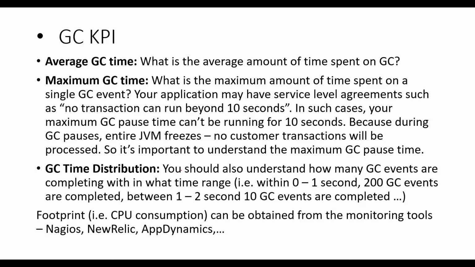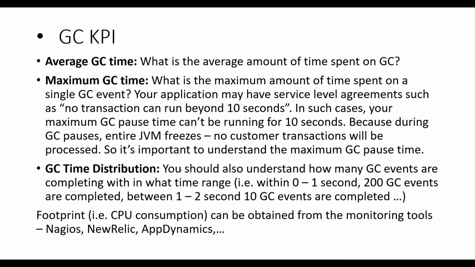For the business and the JVM, it is necessary to spend maximum time on the business or application threads. So it is important how much time GC takes out of the entire life duration of the JVM.